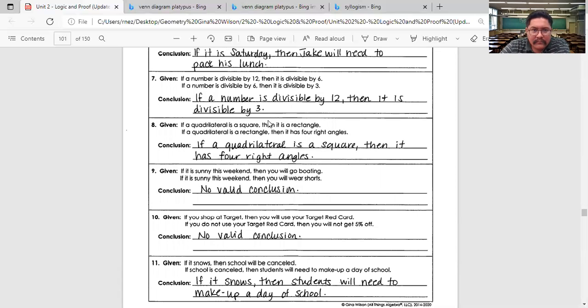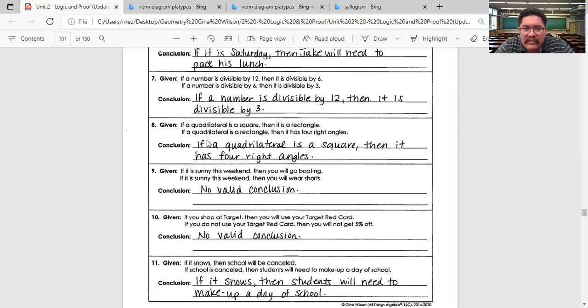Okay, so next one here. If a quadrilateral is a square, all right, first one. Second one is, then it is a rectangle. Then another statement says, if it is a rectangle, so again, both of them are rectangle, then it has 4 right angles.